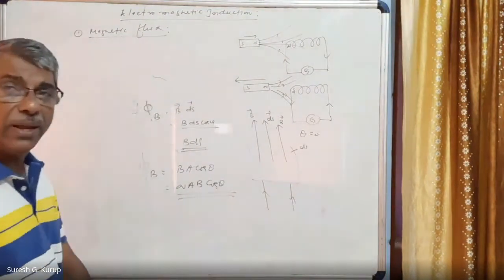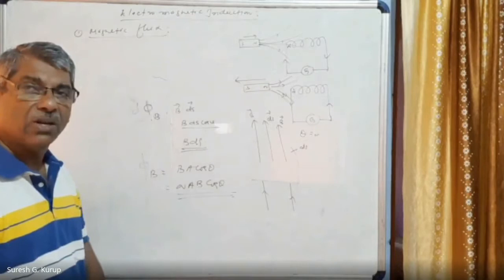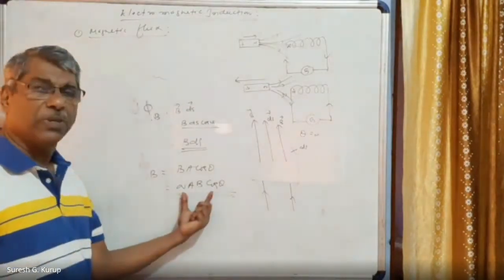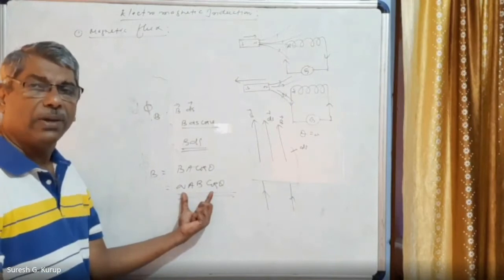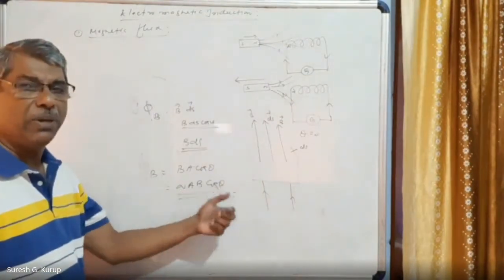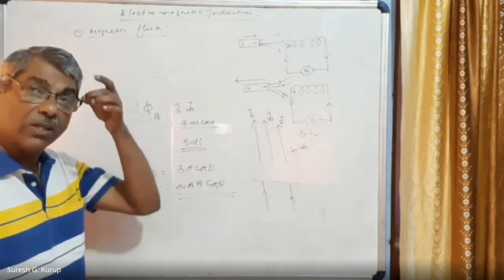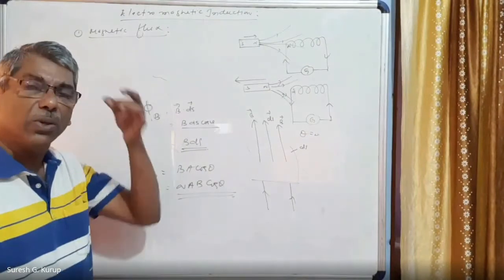So it can be a simple plane surface, or it can be a coil having N number of turns. The general expression for flux through any area, or a coil having N number of turns, is given by NBA cos theta or NAB cos theta. Magnetic flux is measured using a unit called Weber.